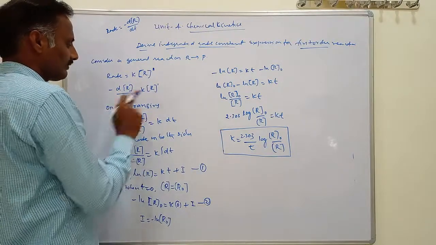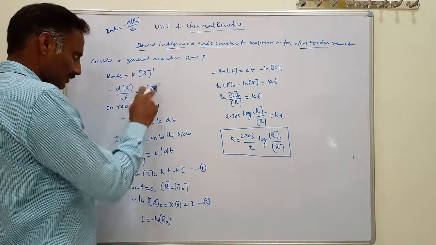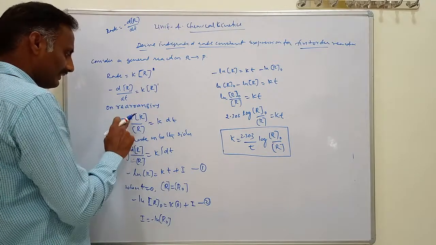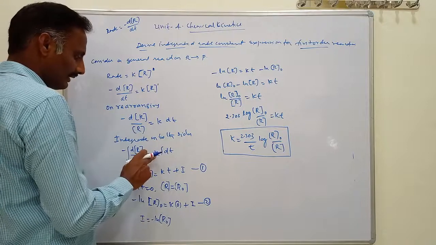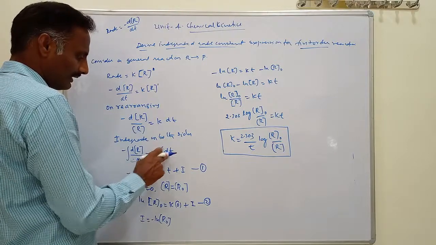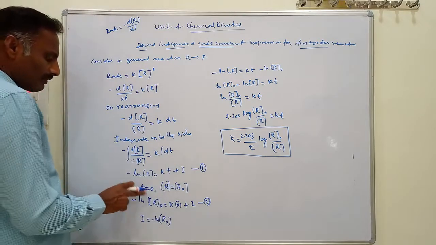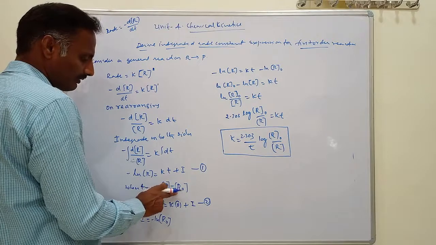On rearranging, you take this r to the denominator, so we get minus dr by r equals k dt. Integrate: the integration of dr by r is ln r, and the integration of k dt is kt, plus the integration constant. When the time equals 0, the concentration of r equals r naught.